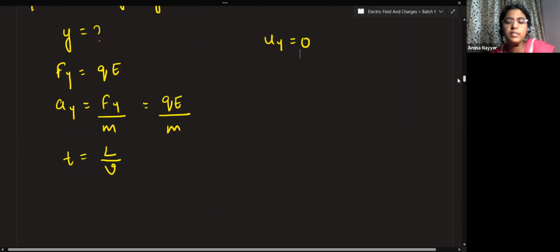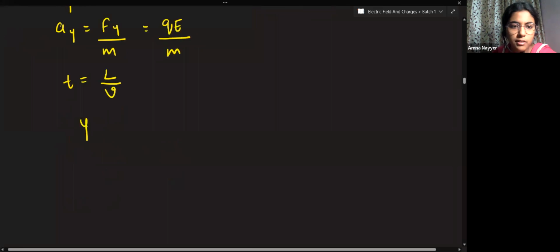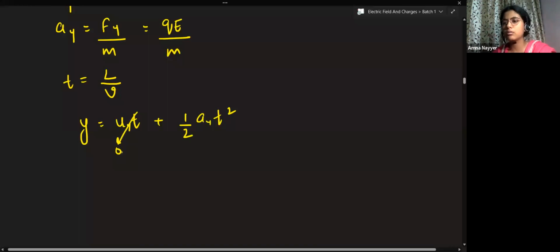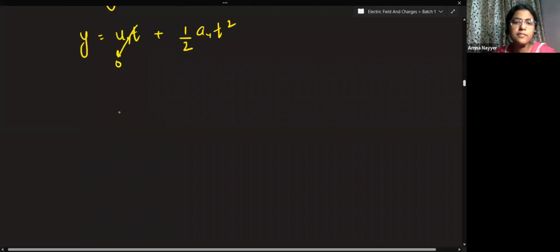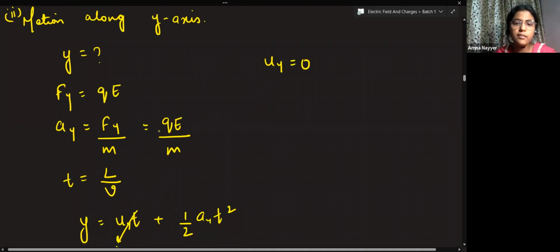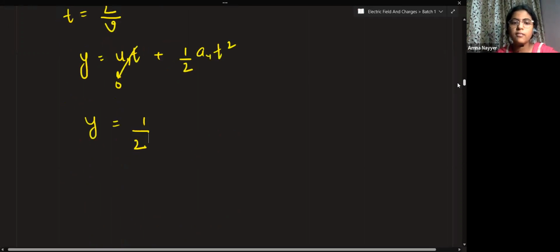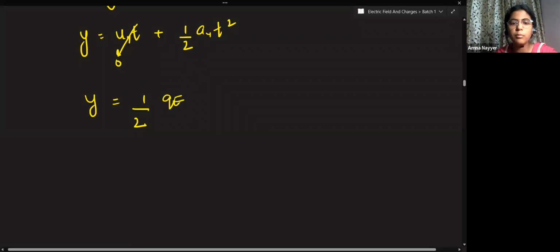So we have all the data with us. Now let us put it in the equation. Y is equal to Uy t plus half Ay t square. So Uy is 0. Because Uy is 0, Uy multiplied by t will give you 0. You only have y is equal to half Ay t square. Ay we have just calculated. Ay is QE divided by M. T was what?